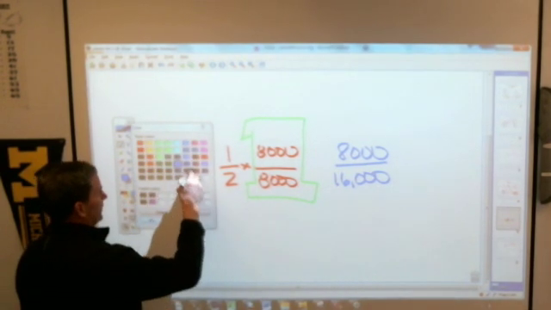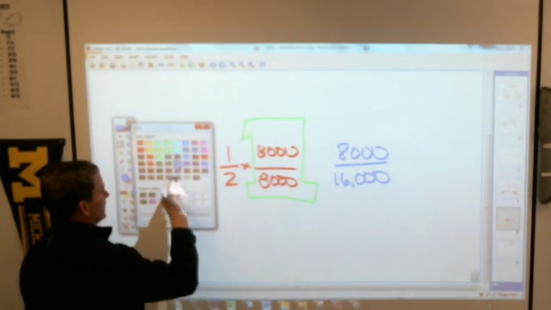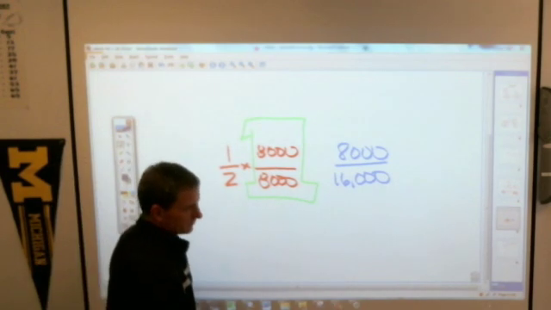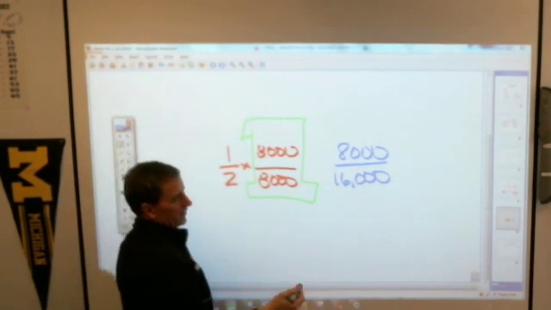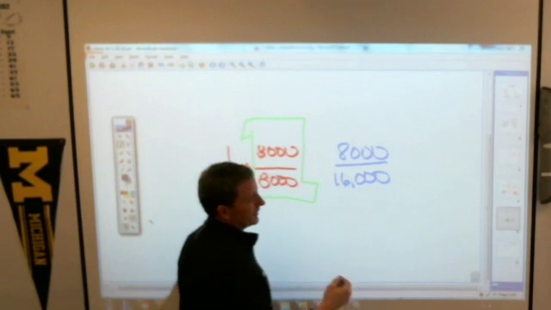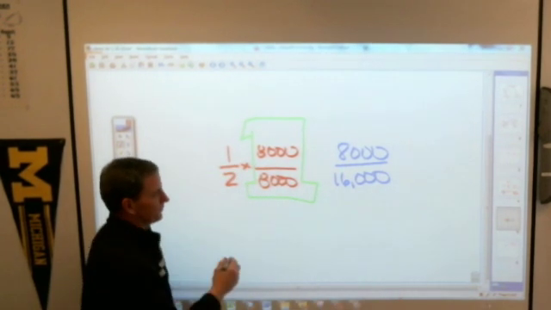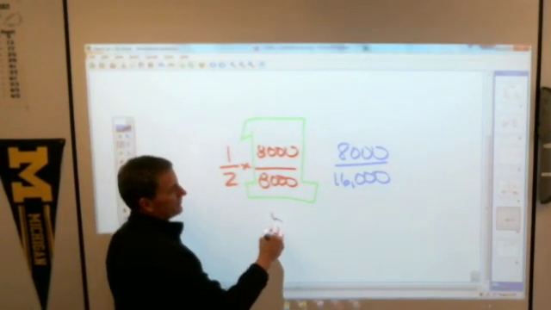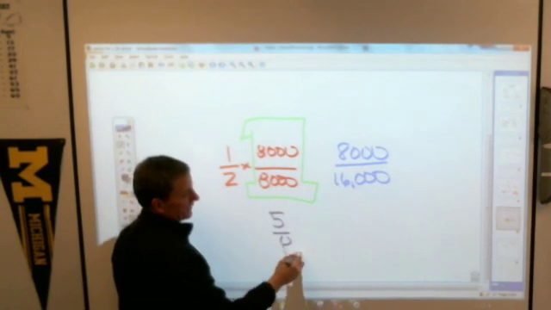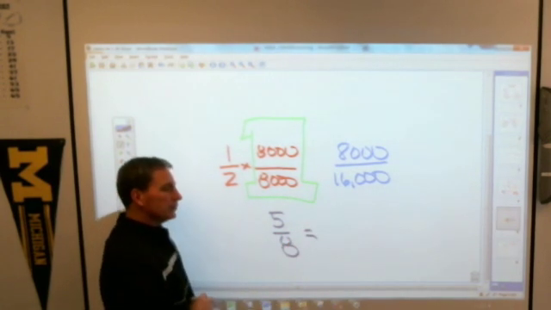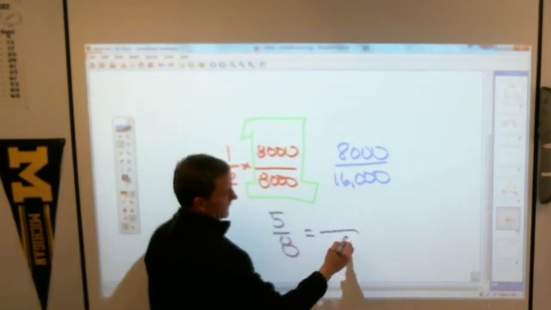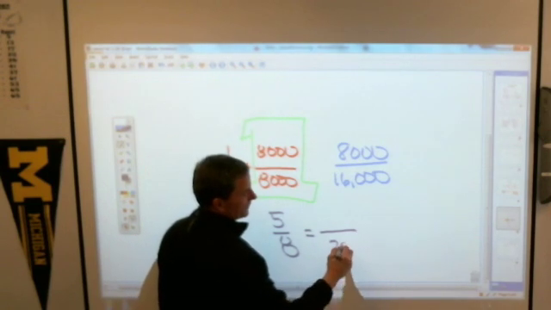Now, with that being said, we got a couple other things here. Okay, here is something they're going to give you. You have to make a little deductive leap. If I have 5/8 and I want a fraction equal to 5/8 that has, let's say, a 24 on the bottom.